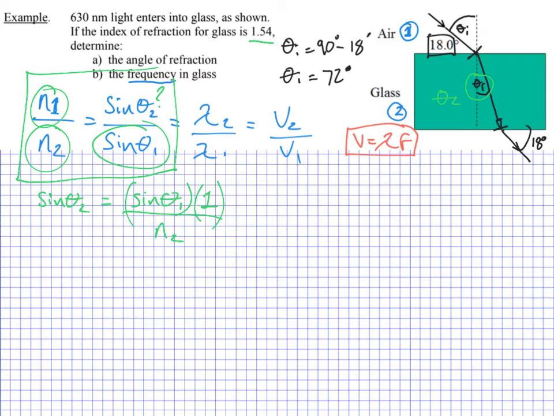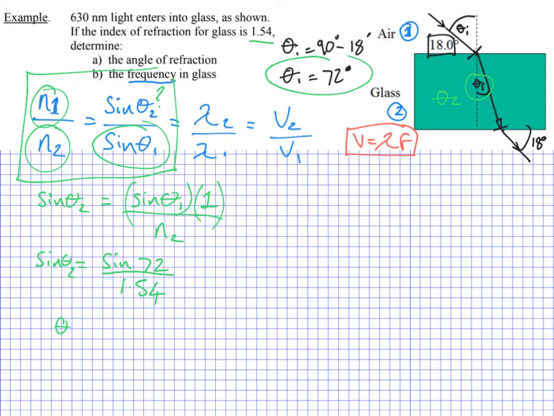So let's write that out as values that we know. Sine 72, because there's my angle of incidence. I'm not going to bother with the 1, I'm just multiplying that by 1, divided by 1.54. That's going to give me sine theta 2.